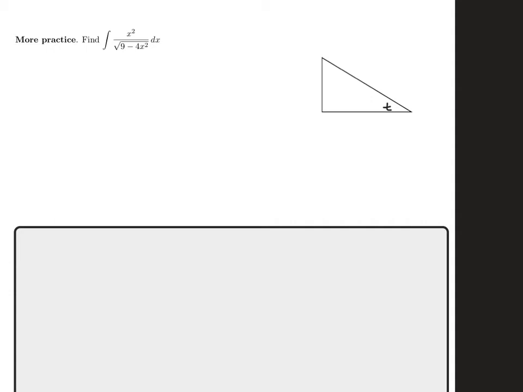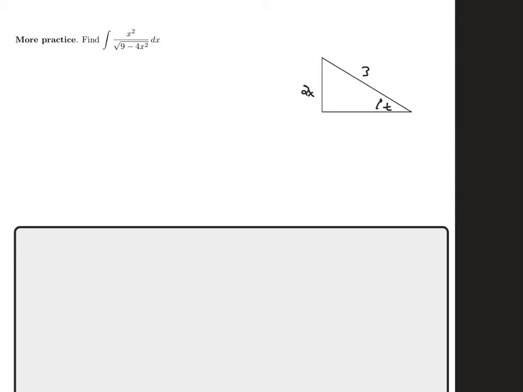So to do that, I'm going to make the opposite side here be 2x and the hypotenuse be 3. I'm always going to make my hypotenuse be a constant number, and then the side opposite t will be the thing that has x's in it.